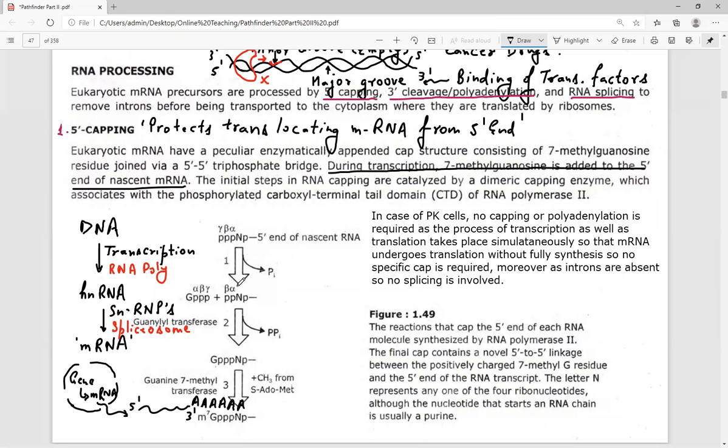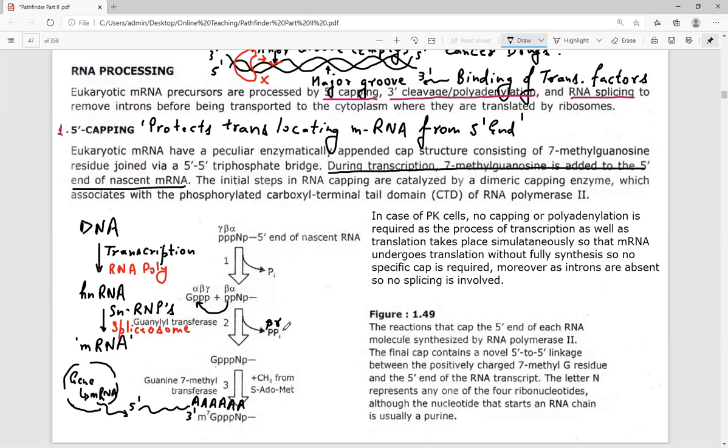You can imagine that in this reaction, the innermost phosphate is attacked. This phosphate attacks the innermost phosphate of the incoming guanine nucleotide, and it will release the pyrophosphate. Two phosphates, beta and gamma, will be released. This is beta, this is gamma. These two will be released as pyrophosphate.